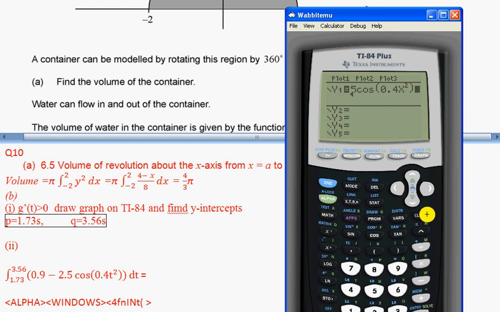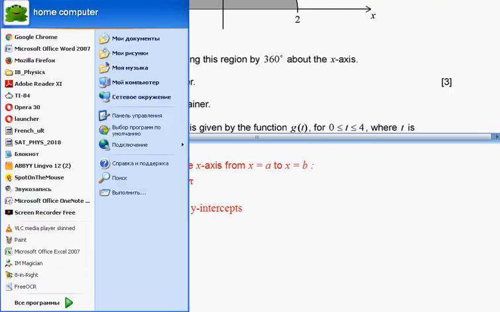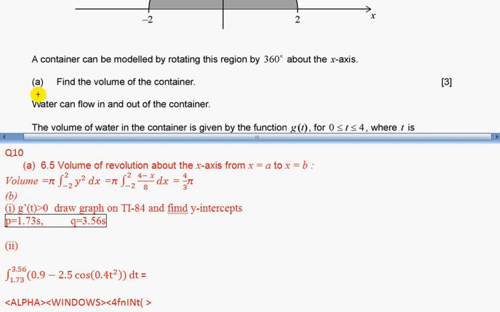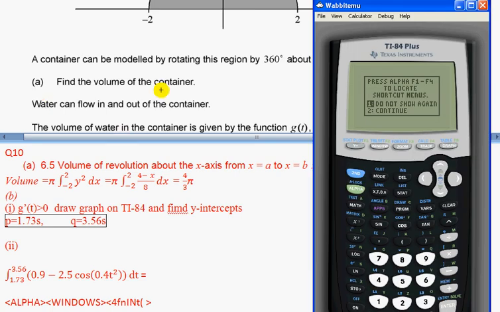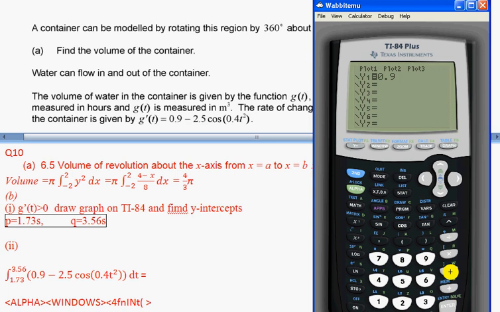let me switch off this calculator and switch on again. Clear. Y1 equals 0.9 minus 2.5 cosine of 0.4 x squared, bracket closed.